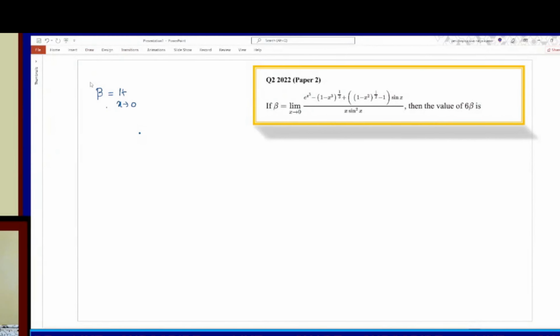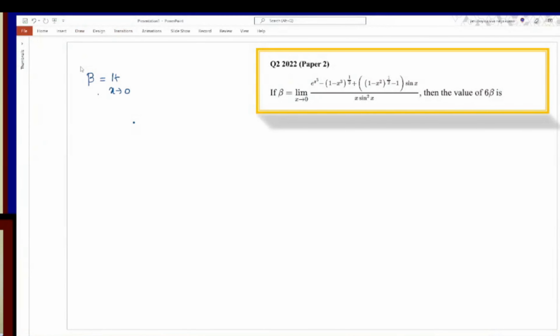e power x square, e power x cube, e power x cube minus of 1 minus x cube whole power 1 by 3, plus 1 minus x square whole power 1 by 2 minus 1, and especially it is multiplied by sin x, and the whole thing is divided by x into sin square x.